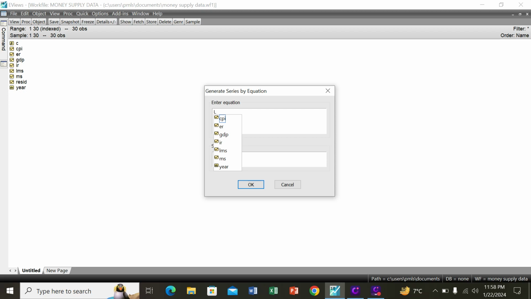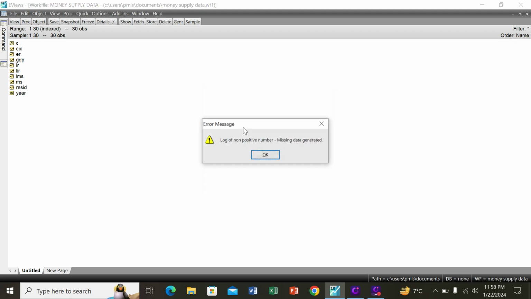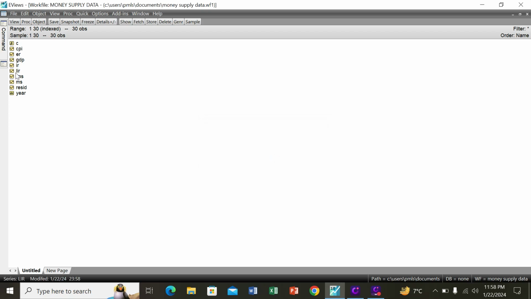So lir equal to log of ir. The message says log of non-positive number, missing values generated. This is basically in the data, but it is converted into the log form, log of ir.